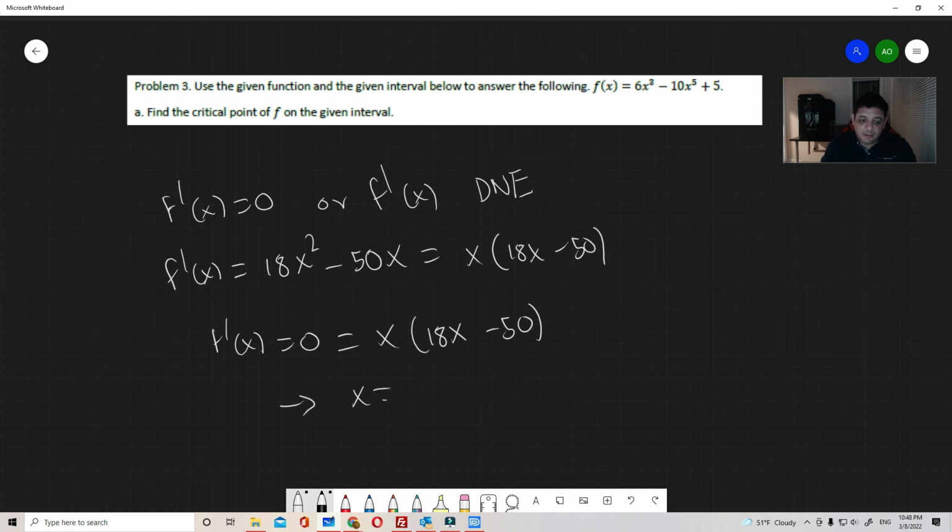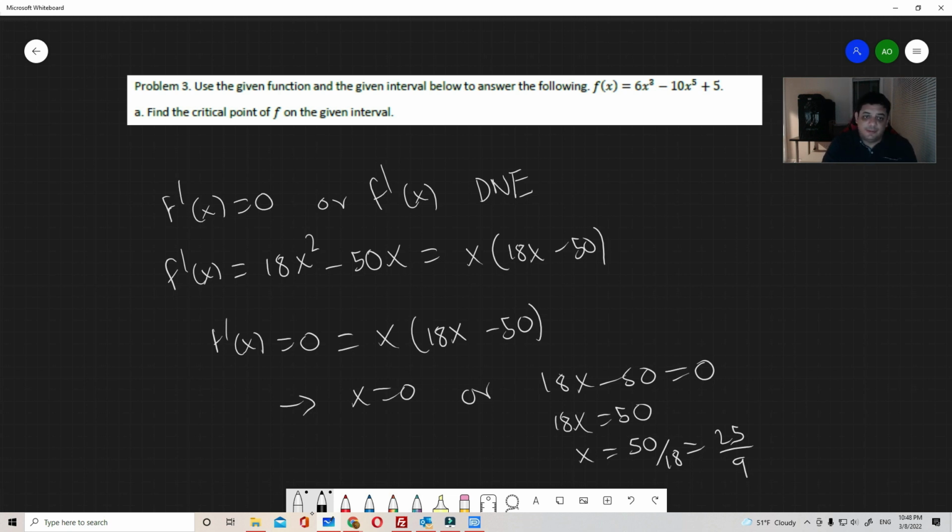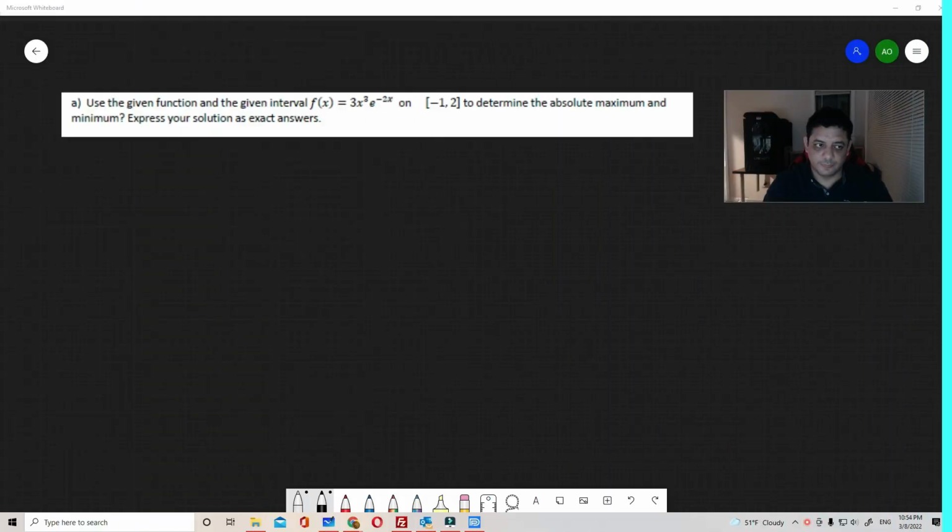That will mean x equals 0 or, to not skip the steps, where 18x minus 50 is equal to 0, or 18x equals 50, and that will yield 50 over 18. We can simplify this. That will be 25 over 9. So this is the example of finding critical points.